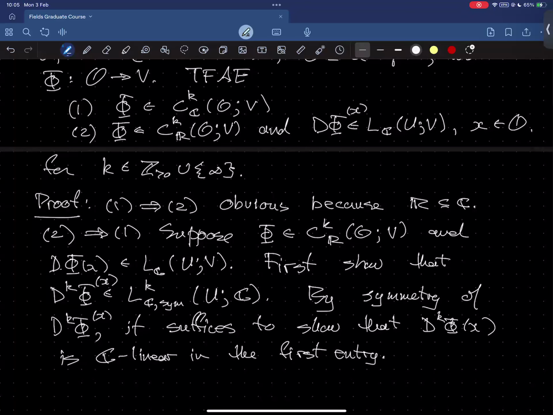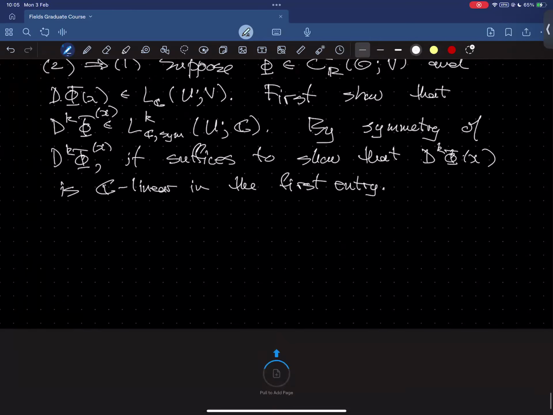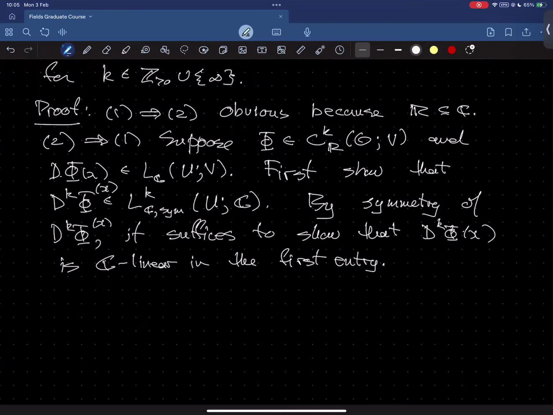Because if you know that it's complex linear in the first entry, to show, for example, that it's complex linear in the second entry, you just use symmetry to swap the first and the second entry. Then it's complex linear in the first entry. You pull the scalar out front and then you swap it back. So that's why symmetry allows you to conclude that.